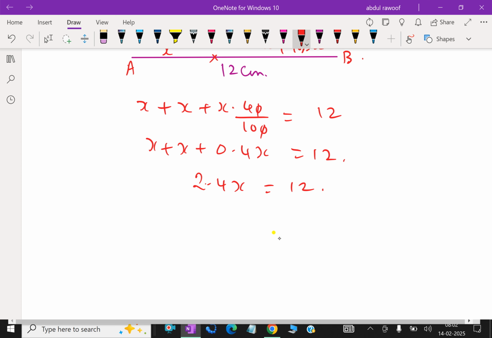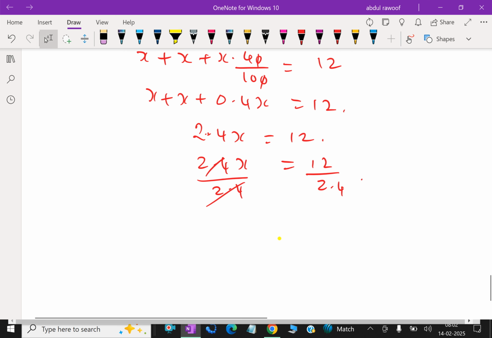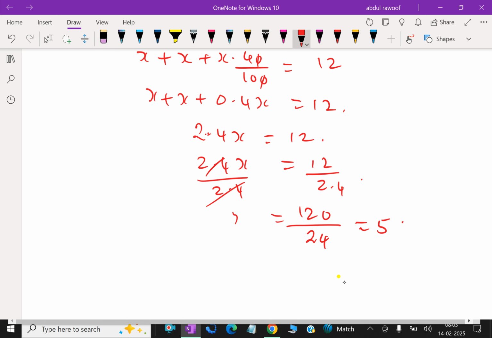How to solve this? Divide by 2.4. But here the decimal is in the denominator, so multiply by 10 on both sides: 120 by 24. 120 divided by 24 is 5. So we got x equal to 5.